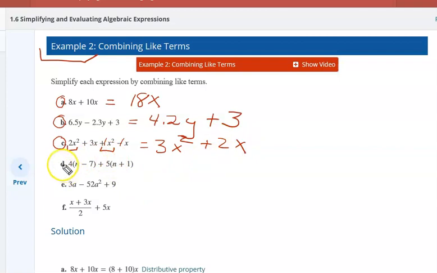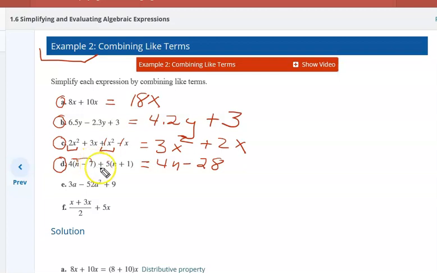Now, for this one, we have to do the distribution of what's outside the parentheses, which indicates multiplication. So we can do it together. This is 4n minus 28.